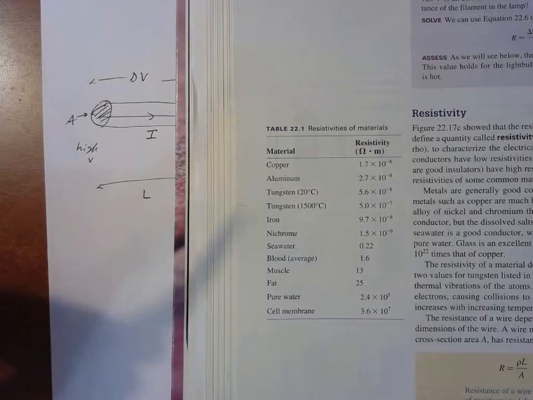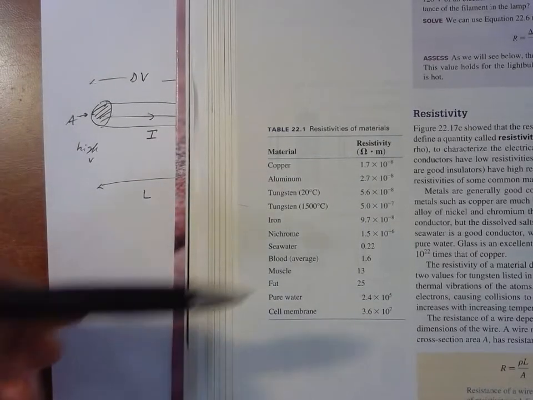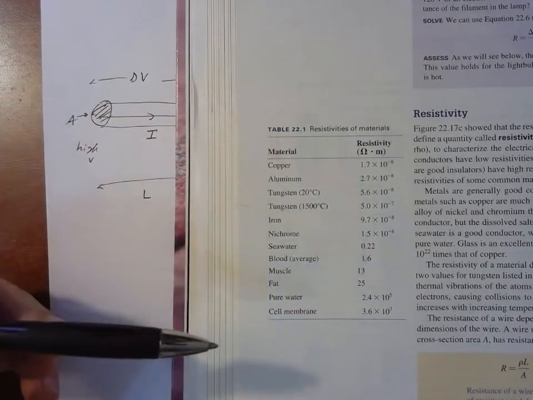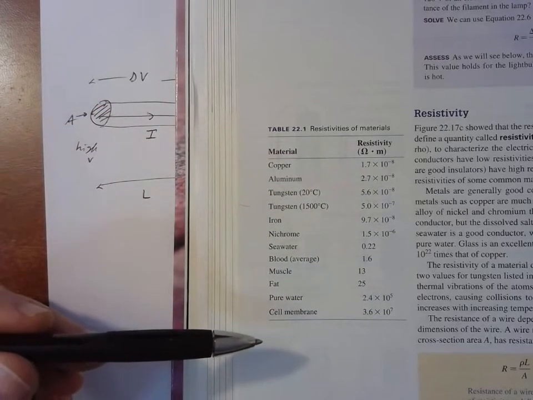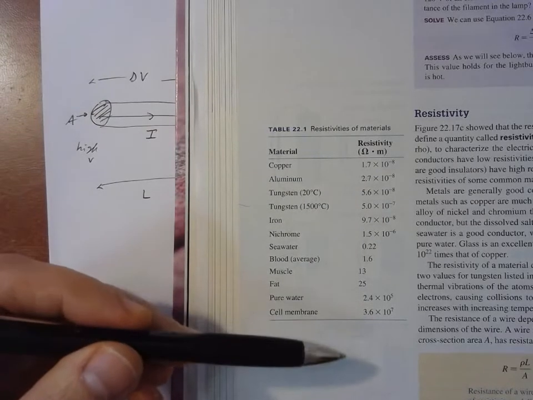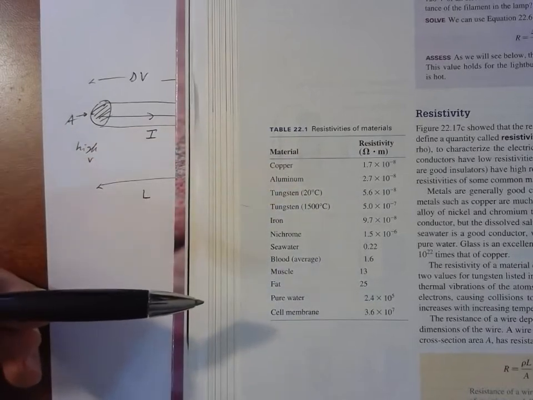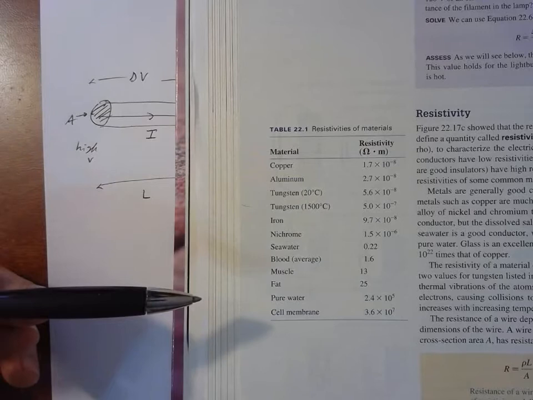And a true insulator like glass, which is not on this table here, in the units that we're using, which is ohms times meters, glass would have a resistivity of 10 to the 14th ohms times meters. So that's many, many, many times larger than the resistivity of a good conductor like copper.